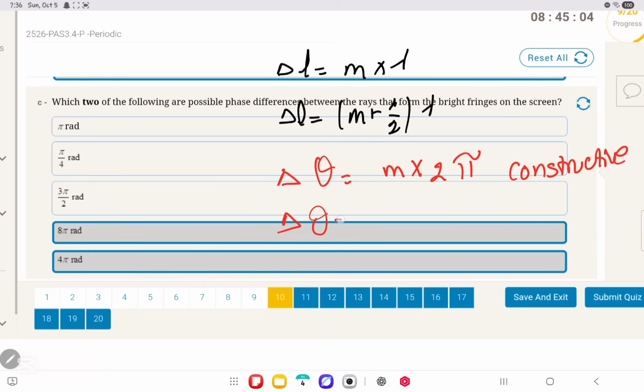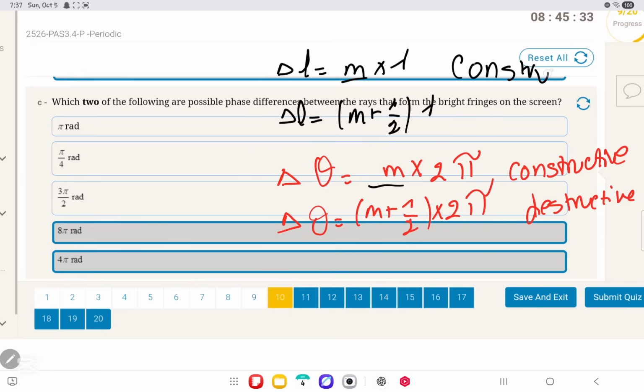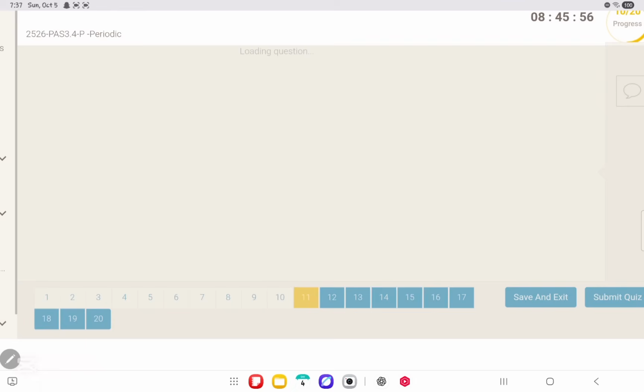And to find the phase difference for the destructive, it's going to be m plus half times 2 pi. So whenever we see m, that means it's a multiple of lambda, it's constructive. Whenever we see m plus half, meaning it's a multiple of half lambda, it's considered destructive interference. Okay, perfect.